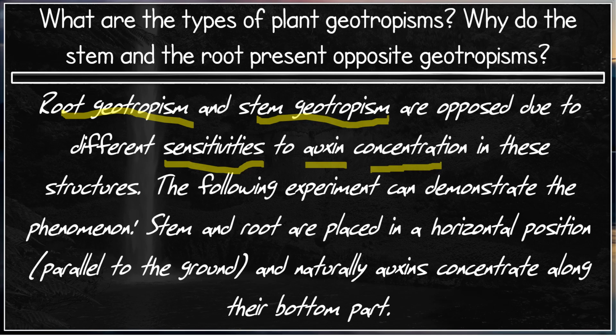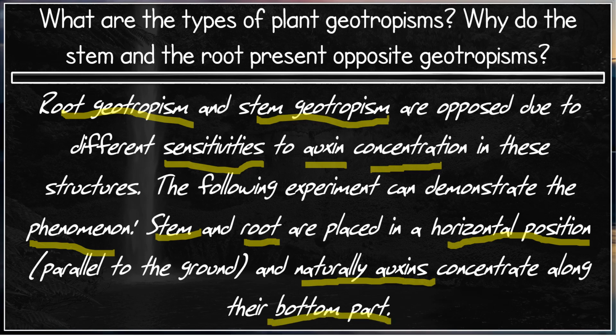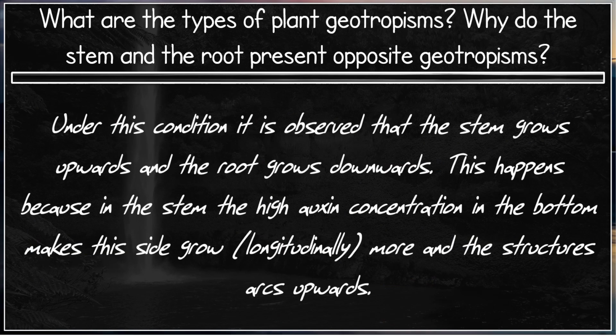The following experiment can demonstrate the phenomenon. Stems and roots are placed in a horizontal position, that is, parallel to the ground, and naturally auxin concentrates along their bottom part. Under this condition, it is observed the stem grows upward and the root grows downwards.